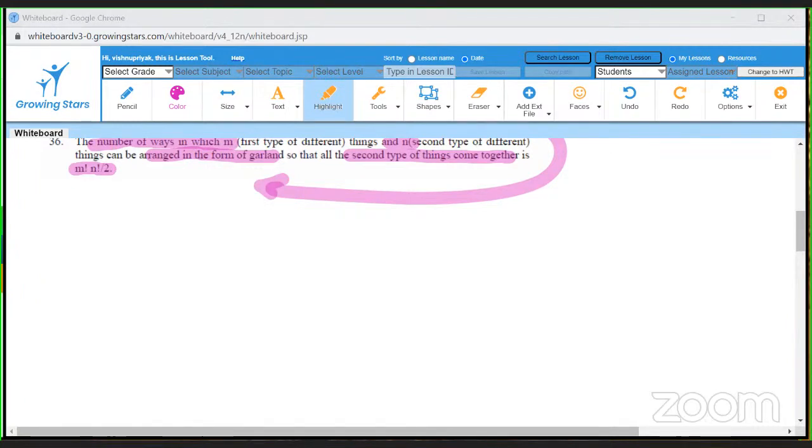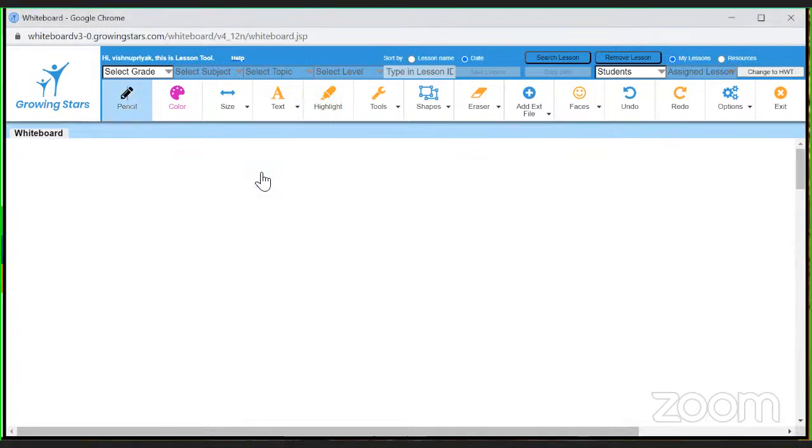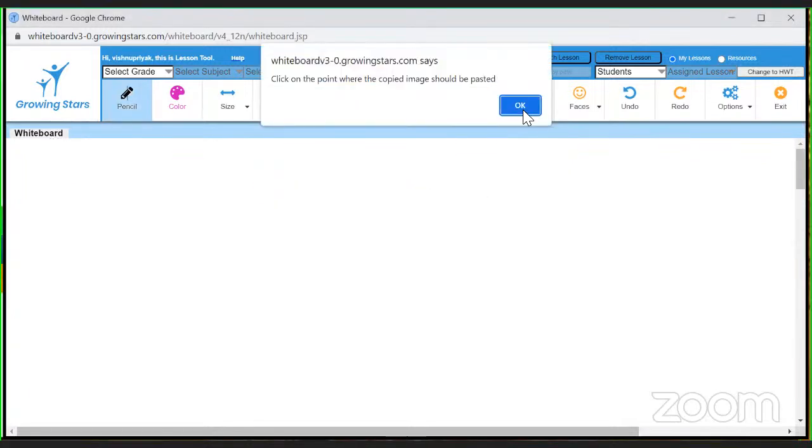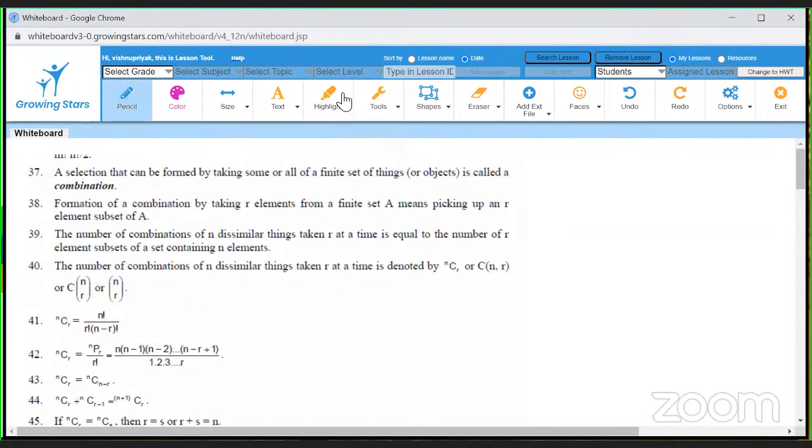The next is combinations. Let us do some combination formulas also. Till now, permutations. What is combination? Selection, not arranging, just picking up, just selection. That is combination. How will you make a combination?